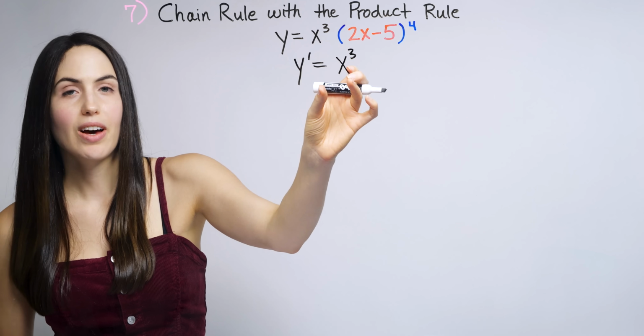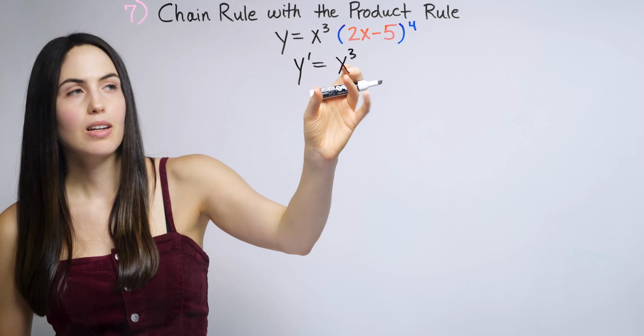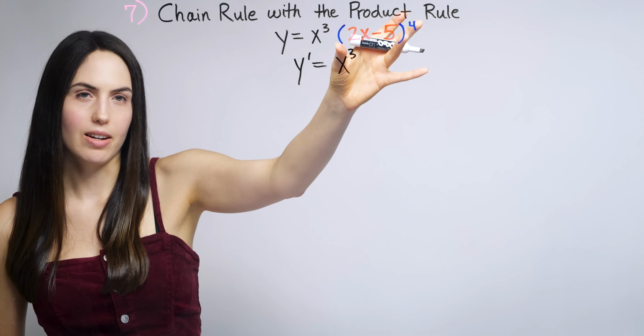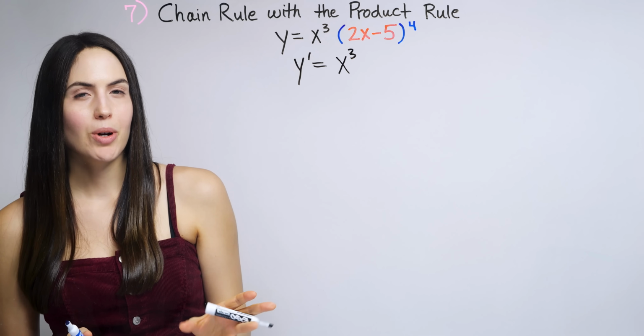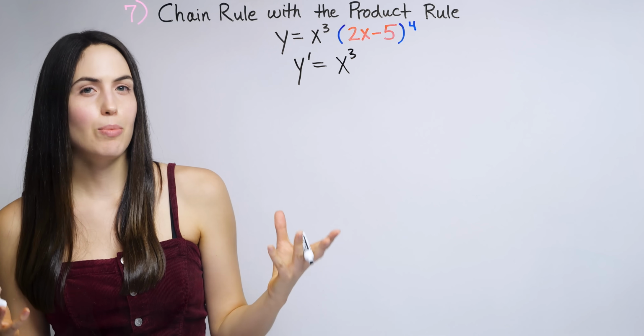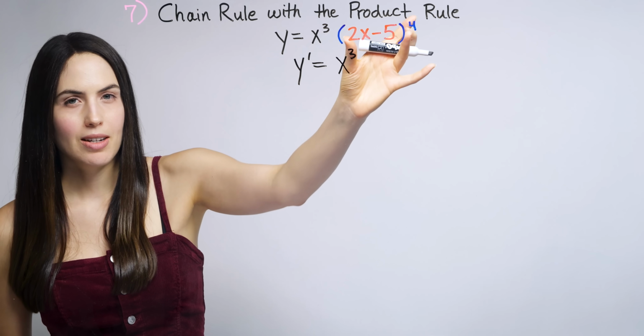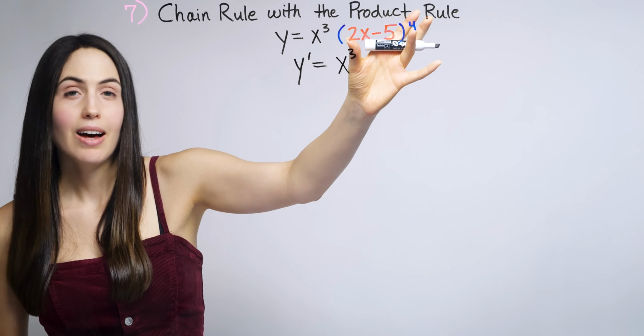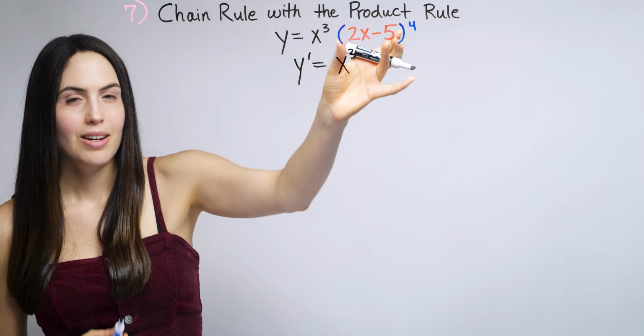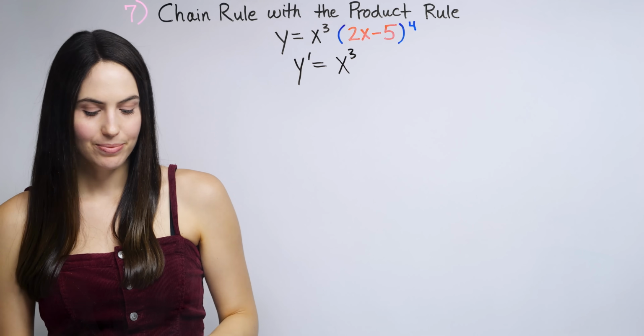So we write the first factor as is, x cubed, times the derivative of the second factor. Now this is the moment where we use the chain rule within the product rule, because what we're about to take the derivative of is an outside function with an inside more than just x.